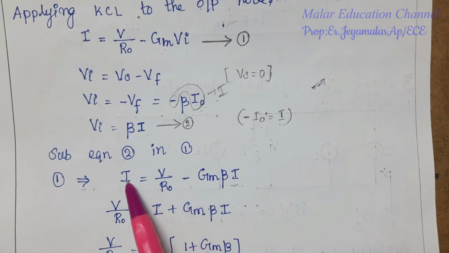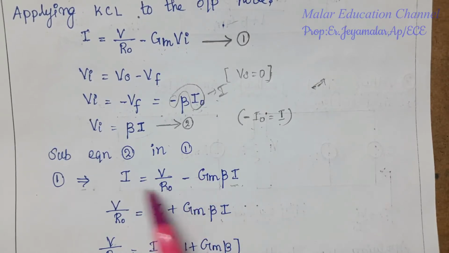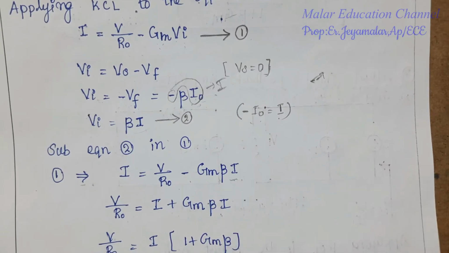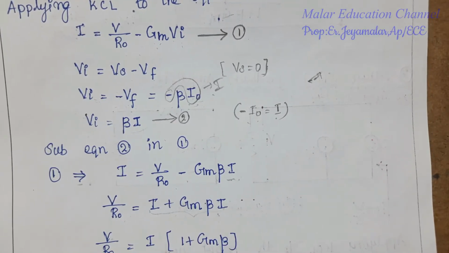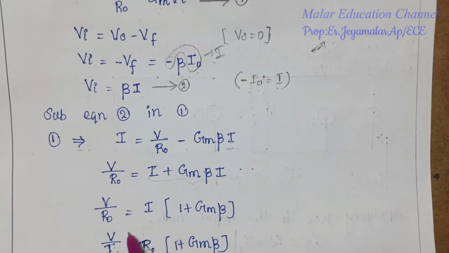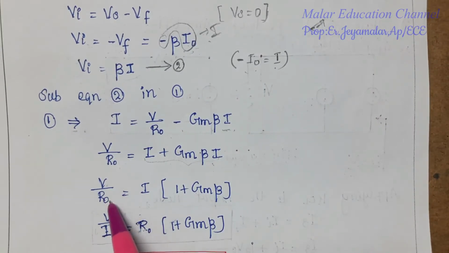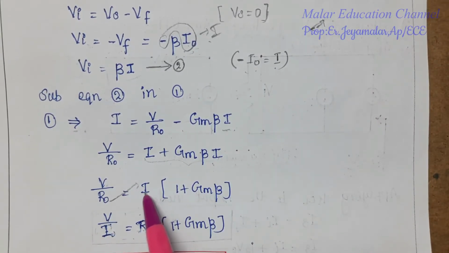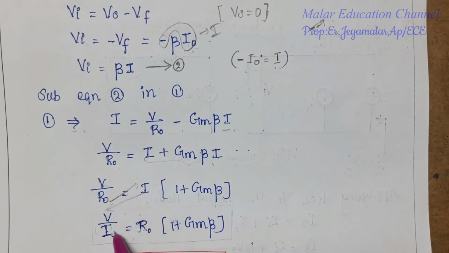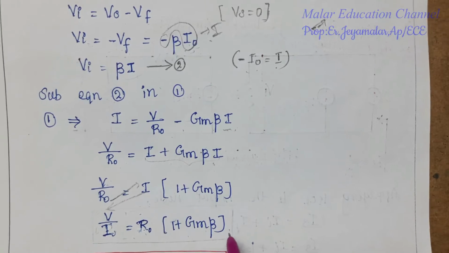Here the minus term to the left side means I plus Gm into beta I. The next step, take the common term outside. That is I is the common term. So taking I outside, the remaining is 1 plus Gm into beta. So V by R naught equal to I into 1 plus Gm beta. That is, I goes to the right side and V goes to the left side. So V by I equal to R naught into 1 plus Gm into beta.